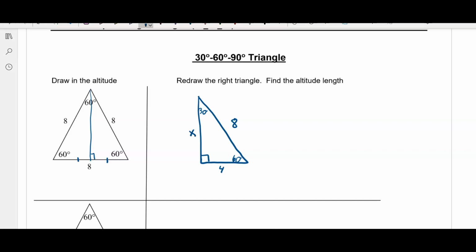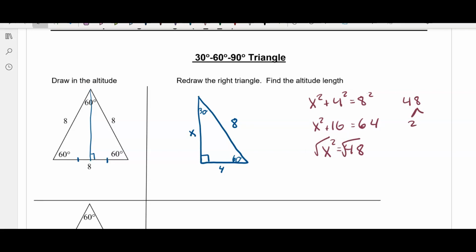This here would be 8, and then we're going to need to find this side length here. So we're going to go ahead and do the Pythagorean theorem. Okay, so x squared plus 4 squared equals 8 squared. Plus 16 equals 64. When we do 64 minus 16, we get x squared equals 48. When we take the square root of that, we're going to have the square root of 48.